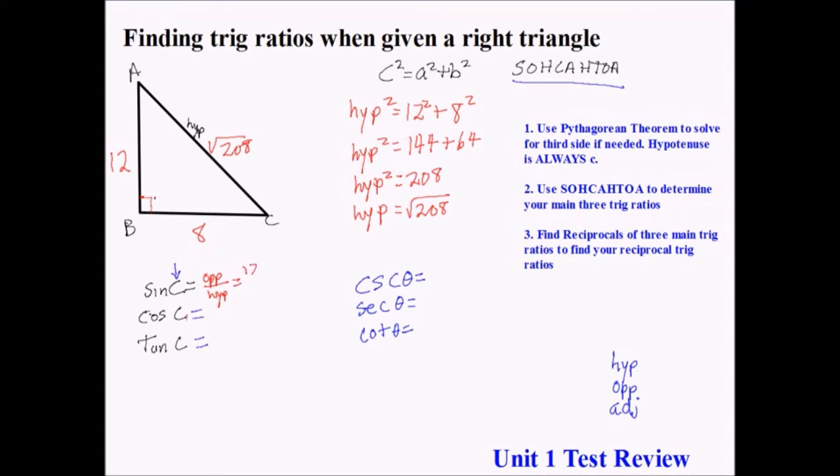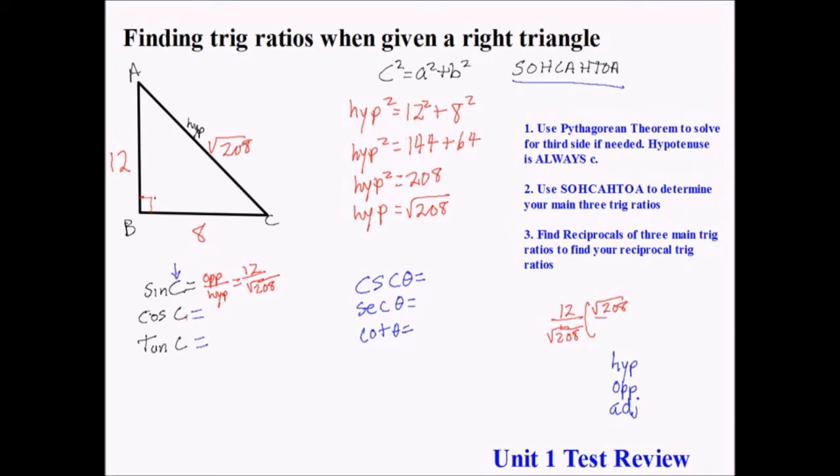So this would be 12 over the square root of 208. The problem with this is we cannot have a square root at the bottom. I want to get rid of this square root at the bottom because we cannot have radicals at the bottom.